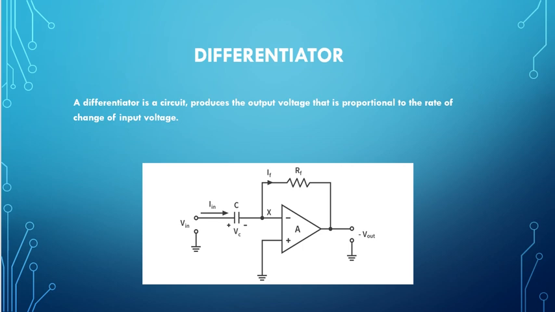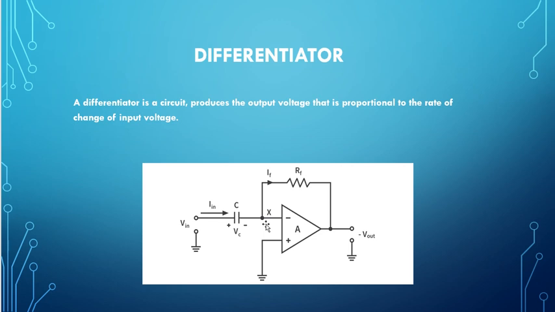In this diagram the input voltage is V in and the input current is I in, and capacitor C, and VC is the voltage across the capacitor. X is the point.